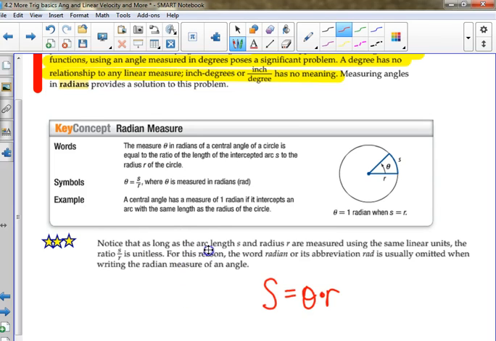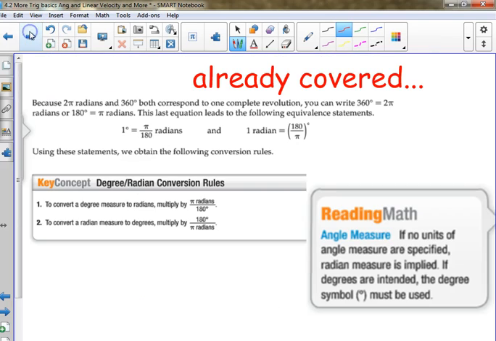Right. Notice that as long as the arc length S and the radius are the same linear units, then the S over R turns out to be unitless, and that's then said to be radians. All right, we have already covered converting.